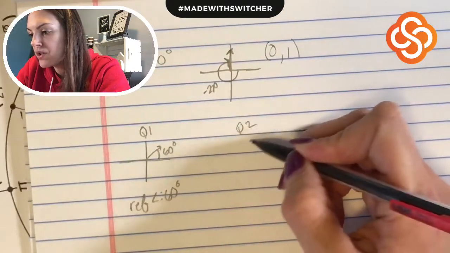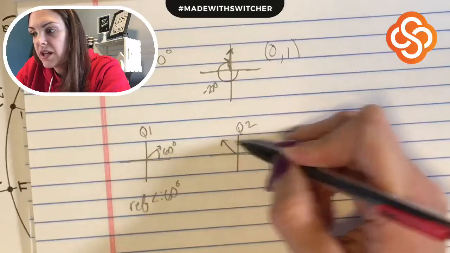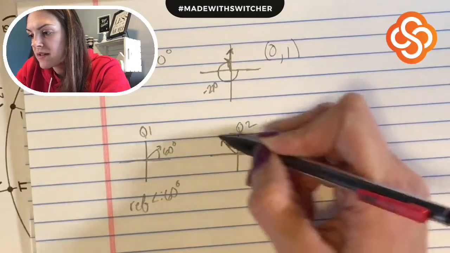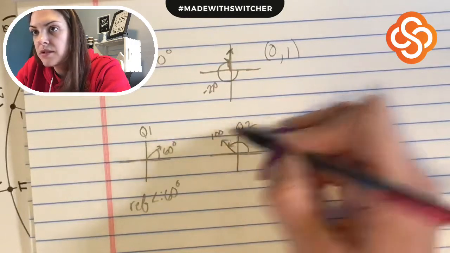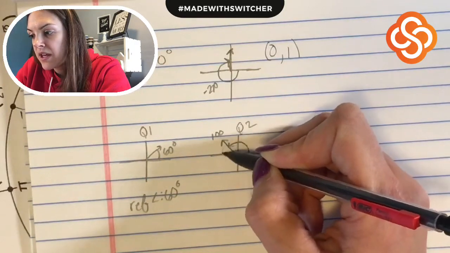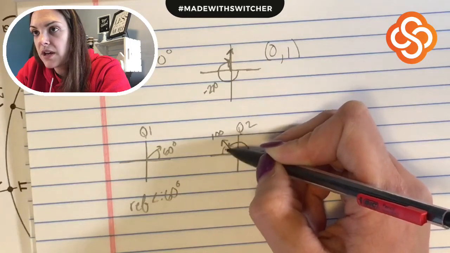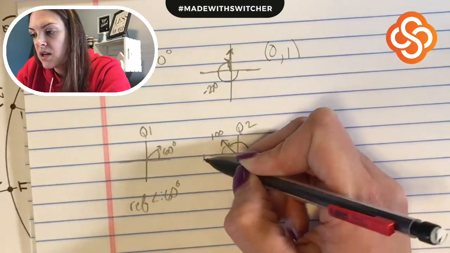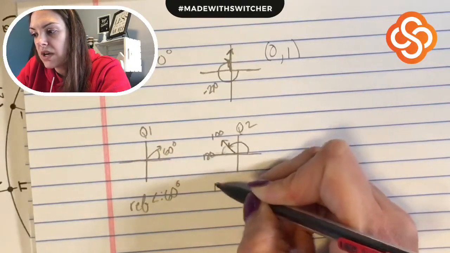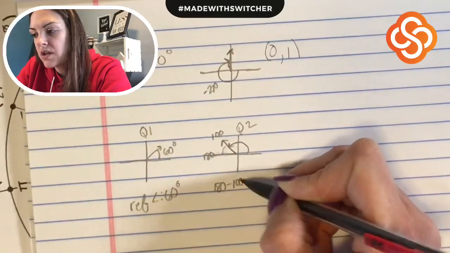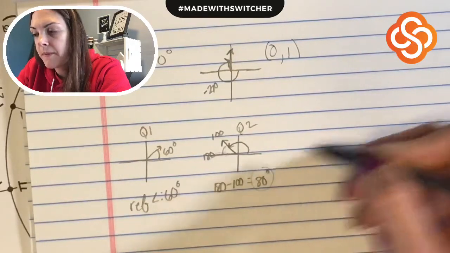In quadrant 2, your ray would be here. Let's say that's 100 degrees. Then this right here is the reference angle. So it's always the acute angle down to your x-axis. So that's 180 right there on your x-axis. So you do 180 minus 100 to get that positive value for your reference angle.